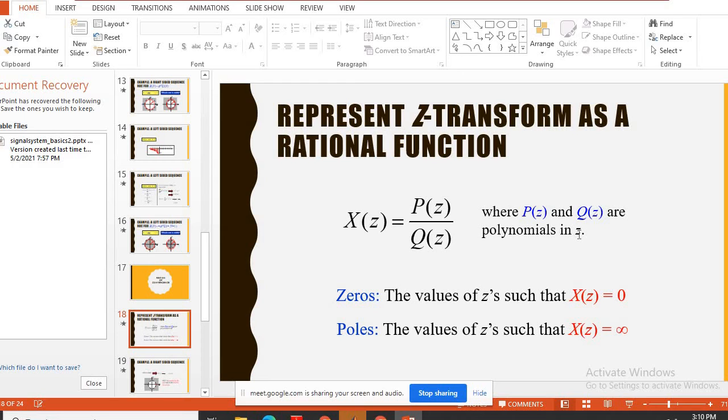So for that purpose, just in this beginning session I am adding this. So it is p of z divided by q of z, where p of z and q of z are polynomials, and zeros correspond to the values of z such that x of z will become 0, and poles correspond to the values of z such that the denominator will become 0, that is x of z will become infinity. So this is the rule for poles and zeros as far as z transform is concerned.